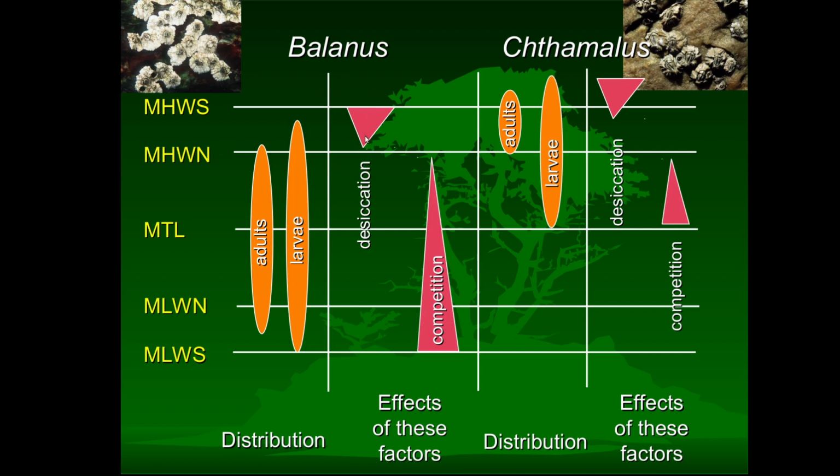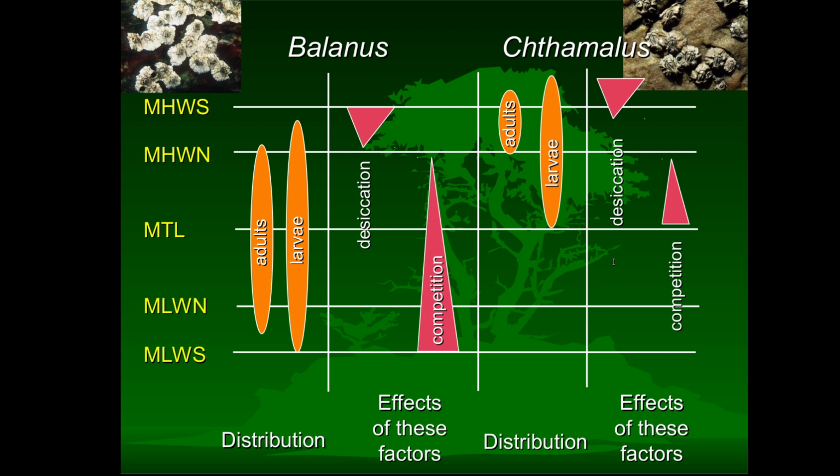So desiccation was great on the Balanus up in these higher levels and is responsible for the fact that you don't see adults of Balanus at these higher levels. And the desiccation effect was not visible for Thamylus unless you went even higher on the shore. So Thamylus was better adapted to desiccation than Balanus at the higher levels of the shore.